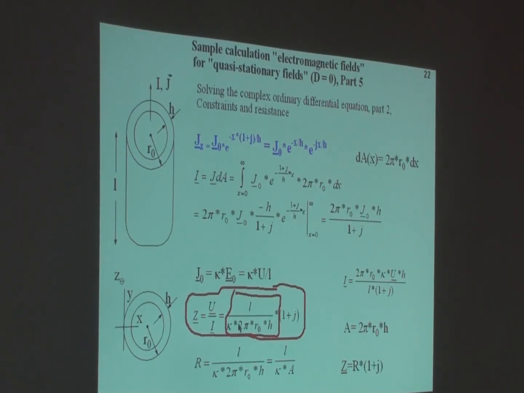I think I will show it on this paper and tell you the results. So, if you have the outside radius R, you have the skin depth H. And if you calculate, R is like I learned at school.